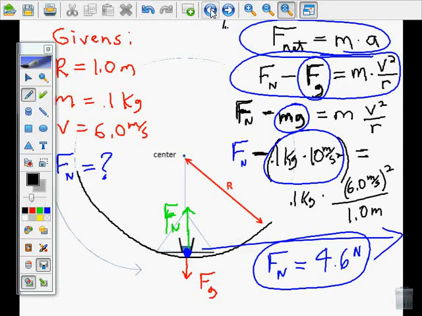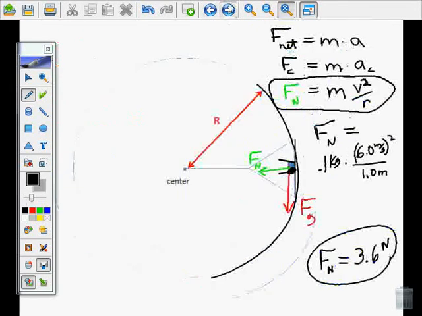And the normal force not only had to support the weight force, but it had to provide extra to pull it up. 4.6 newtons. And then over here, the normal force didn't have to balance out the weight force at all. All it had to do was provide the inward one, and it was a little bit less.